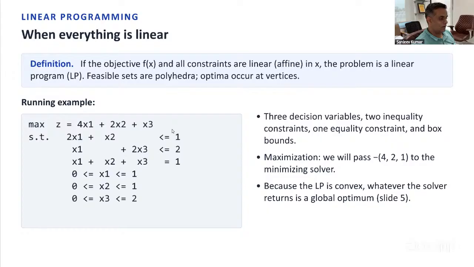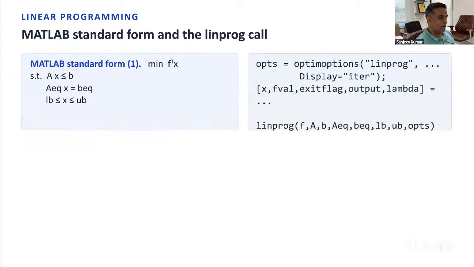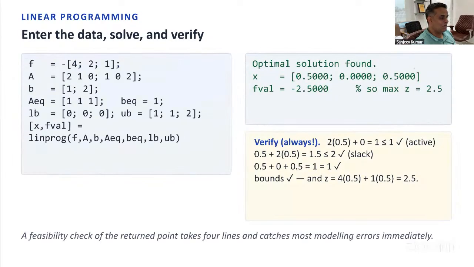One of the ways of solving this problem is by using linprog. So for using linprog, I need to pass certain variables and matrices to this functionality, and what are those?